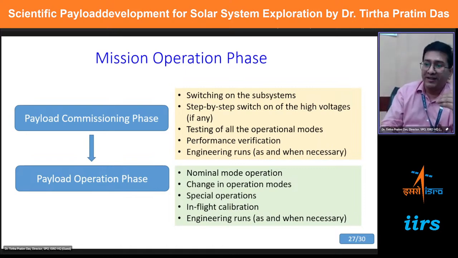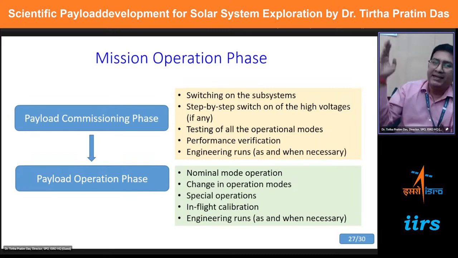Then the payload operation phase. So there are nominal modes of operation; instruments have different modes of operation. You can understand if I take the example of a camera. A camera also has different modes of operation, like very high exposure imaging is one example, or very fast imaging is one example, or continuous imaging is one example. Similar modes of operation are there for scientific instruments also.